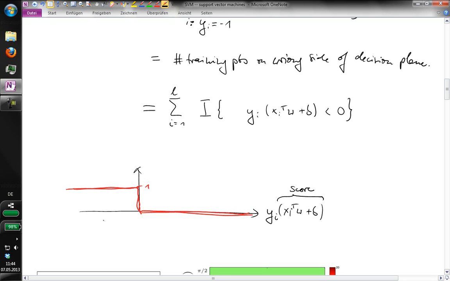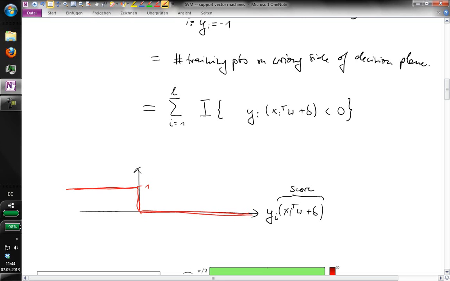So in a plane, I've parameterized it in terms of a normal vector, and here I'm just checking if any training sample, if I project it onto the normal vector and consider its offset from the origin, is on the right side of the decision boundary or on the wrong side.